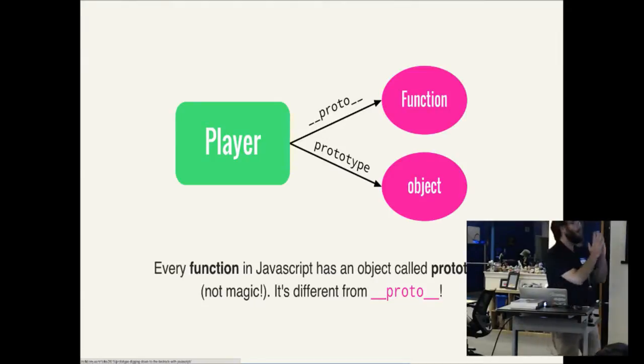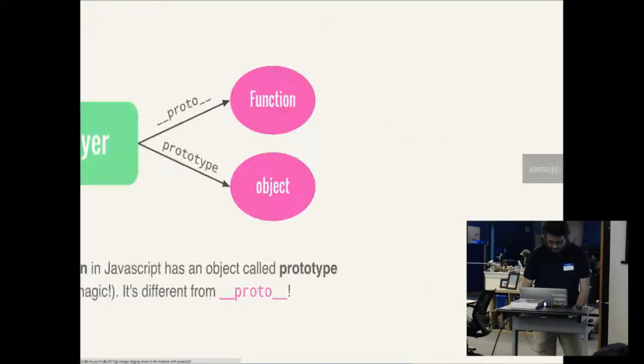So when I'm talking about a function, I can talk about its prototype, which points here to the global function, or I can talk about its prototype object, which is not its prototype. It's just an object that JavaScript gives you. Hopefully I'll explain in a second why JavaScript does this, because it's really confusing.